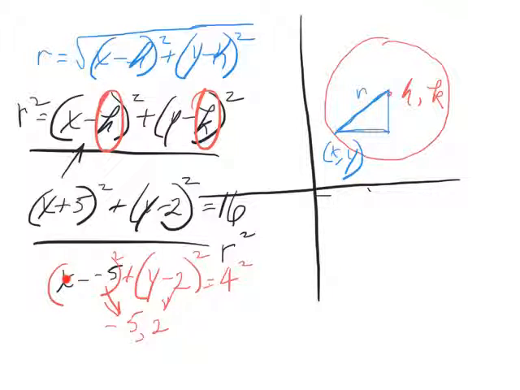That's one of the reasons why you write it as x minus negative 5. Some people will look up here and say, okay, what's going to make this 0? A negative 5. What's going to make this 0? A positive 2. And then you don't have to fight with the signs here, but I wanted to show you this because that's actually where it comes from.